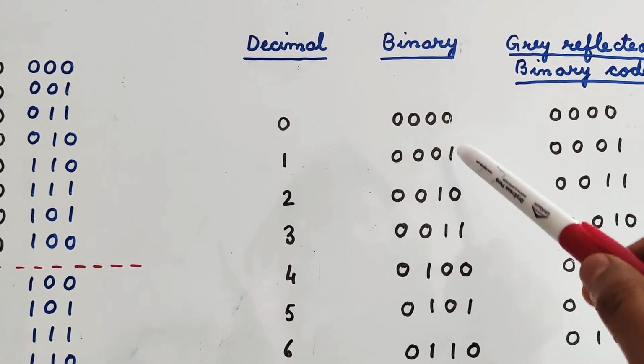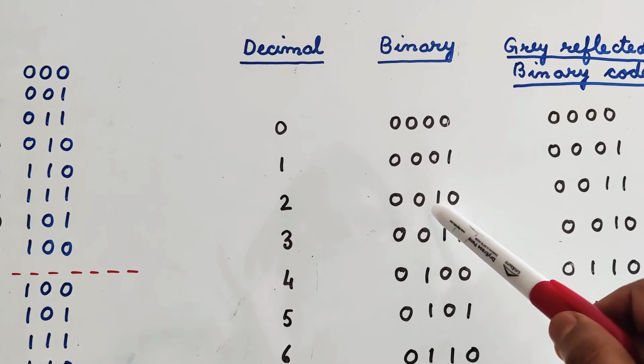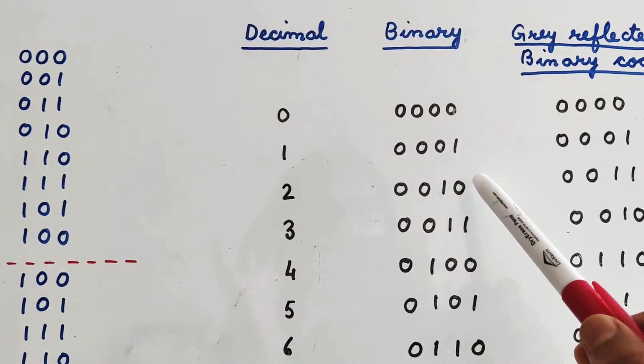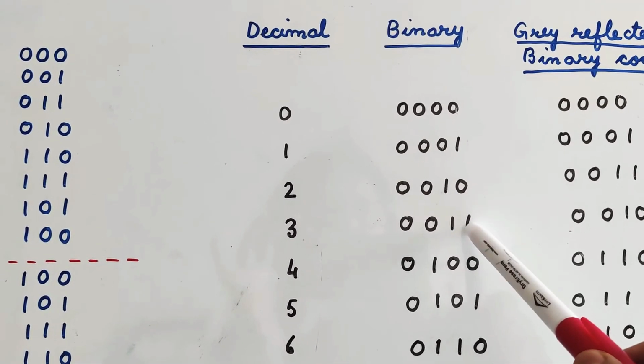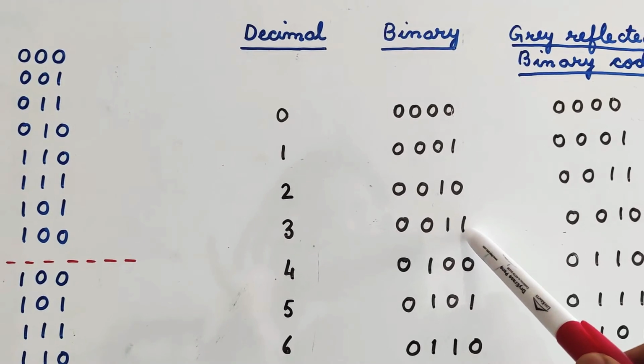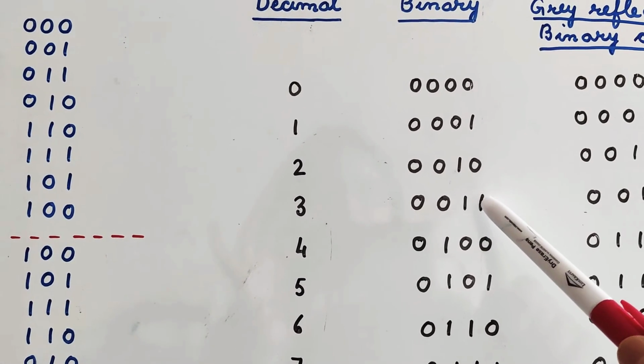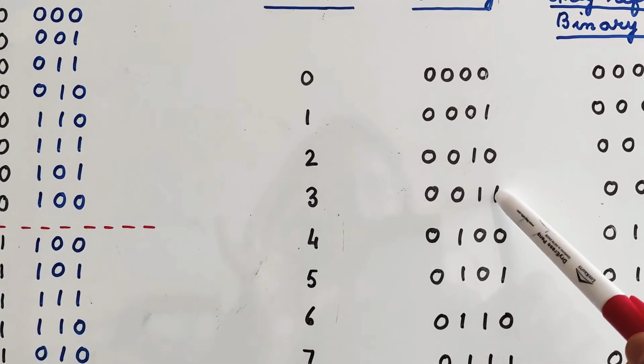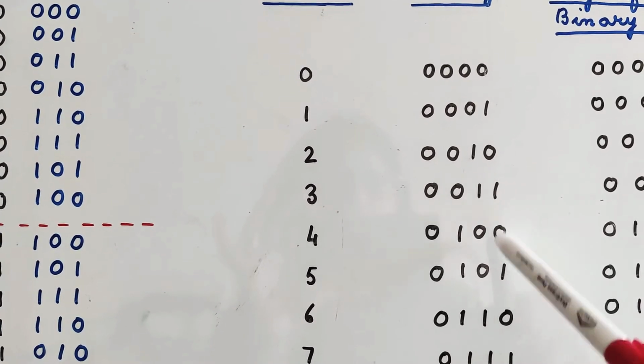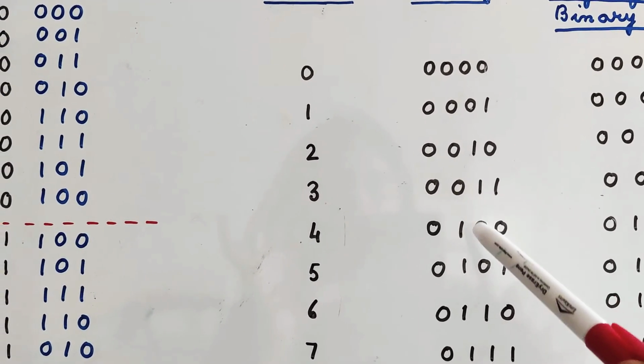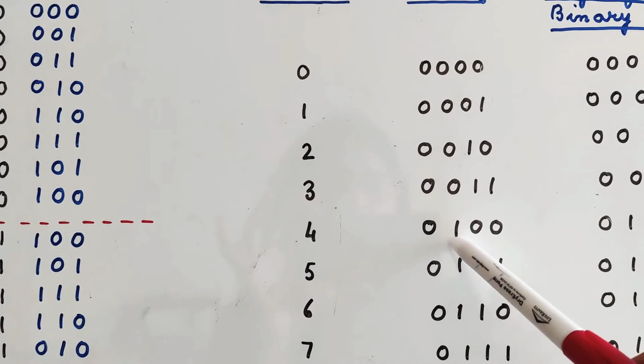That is, this 1 is changed to 0 and this 0 has changed to 1. Similarly, if we move from 2 to 3, we find that only the last digit has changed. Similarly, if we move from 3 to 4, we find that there is a change in this bit, there is a change in this bit, there is a change in this bit also.